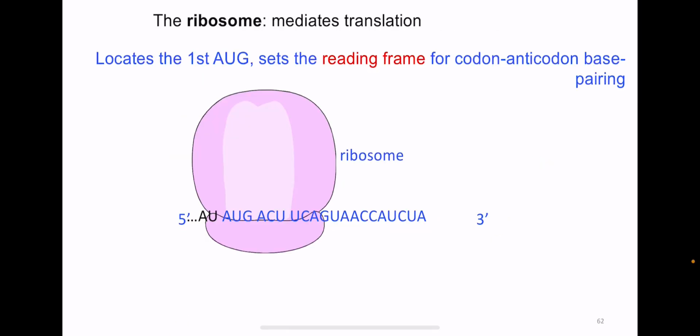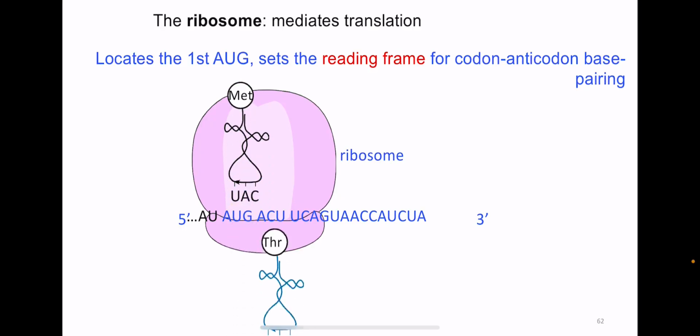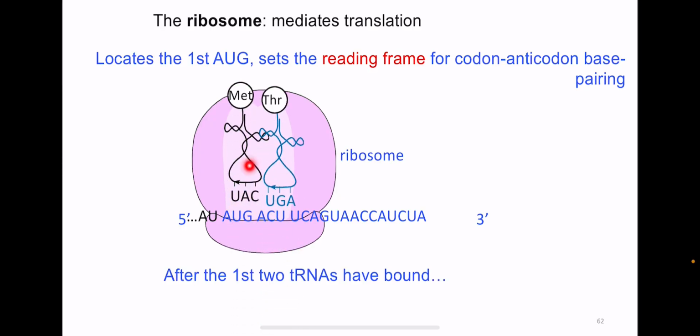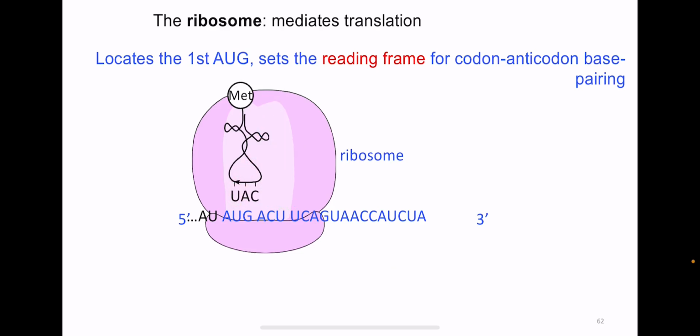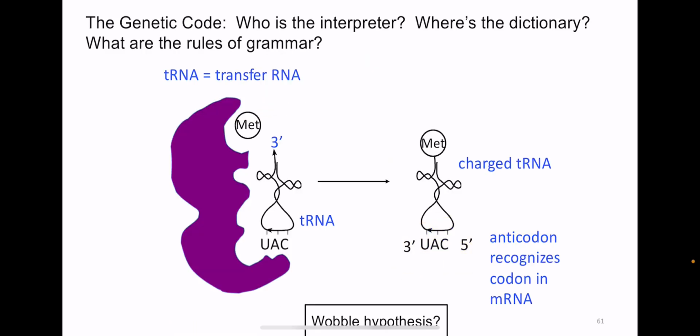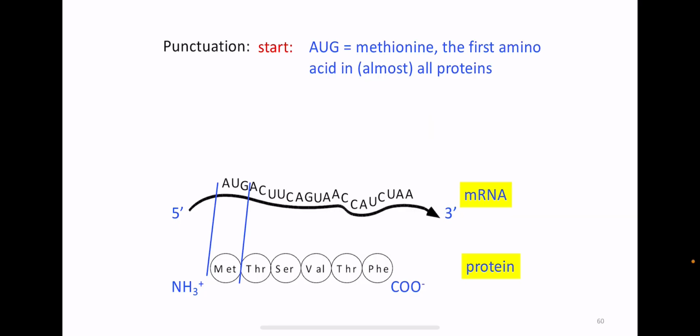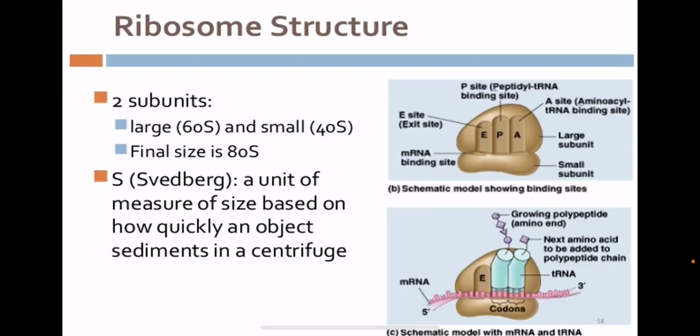I think I've mentioned this. The first tRNA that comes in actually lands at the P site. On the ribosome, you realize we had 3 binding sites in the larger subunit. The first tRNA that comes in with the methionine comes here at the P site, and that's what initiates translation.